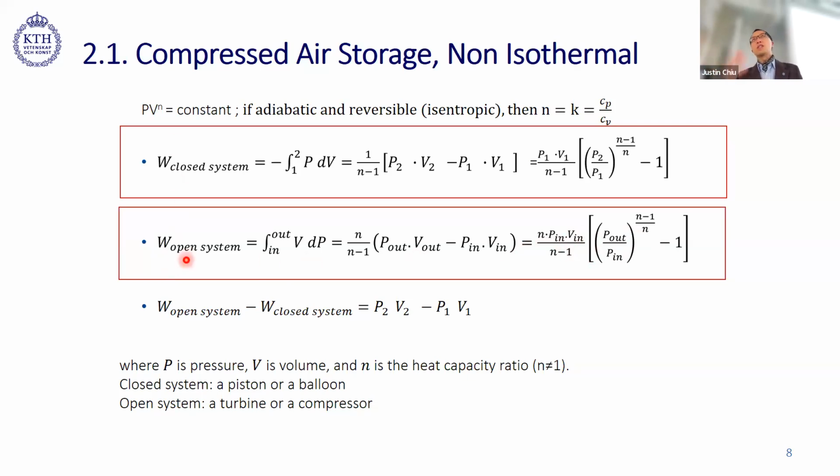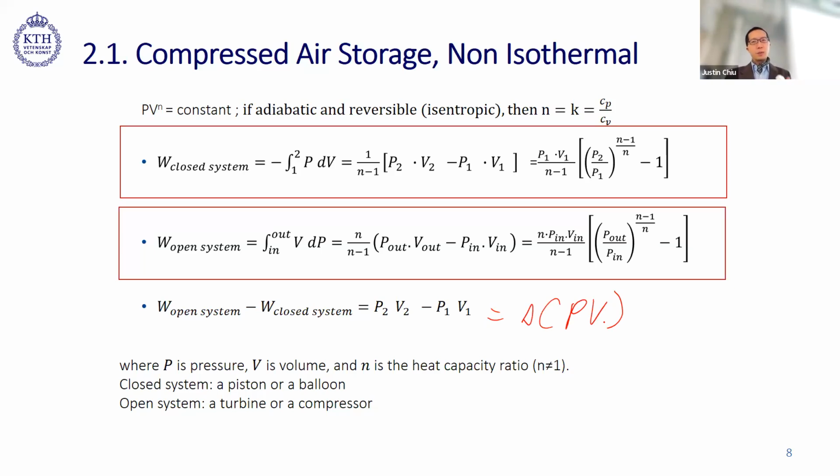So these two equations are valid for both energy and power. The difference between the open system and the closed system, the energy, is just the delta PV over here. So I can rewrite this as delta, in parentheses, PV. So P2 V2 minus P1 V1.